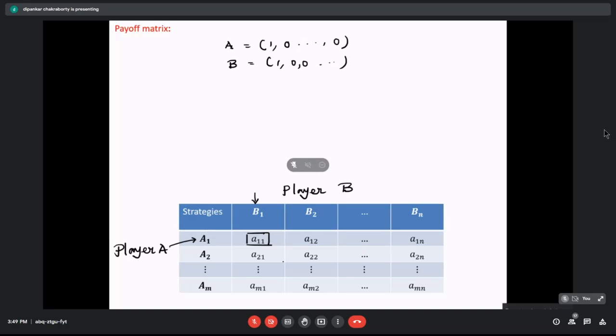In that case, it is a11, which is gained by player A and is a loss for player B. That means minus a11 will be gained by player B. That is basically the loss.